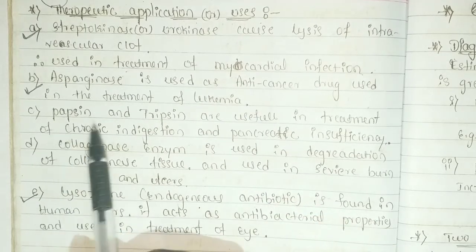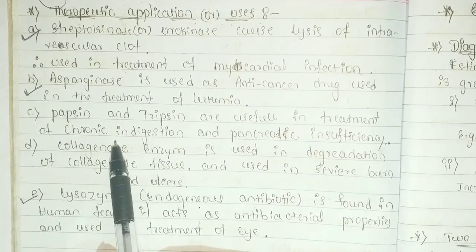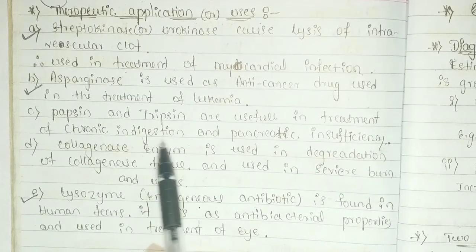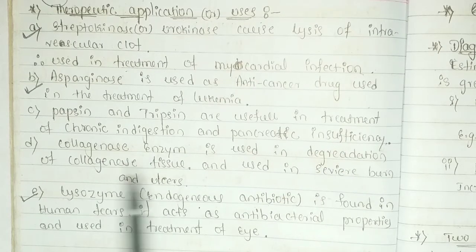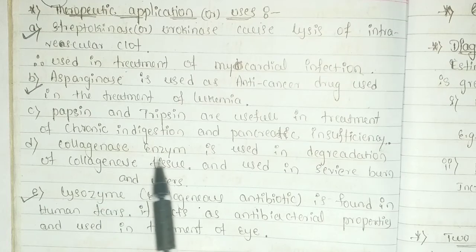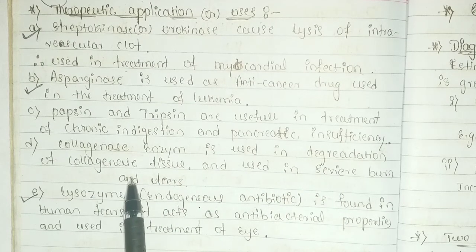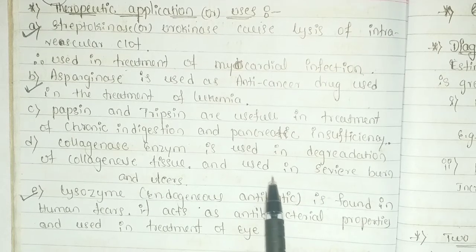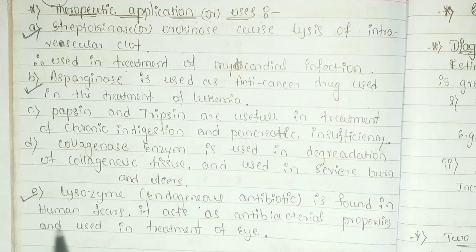Third, pepsin and trypsin are useful in the treatment of chronic indigestion and pancreatic insufficiency. Fourth, collagenase enzyme is used in the degradation of collagenous tissue and used in severe burns and ulcers.